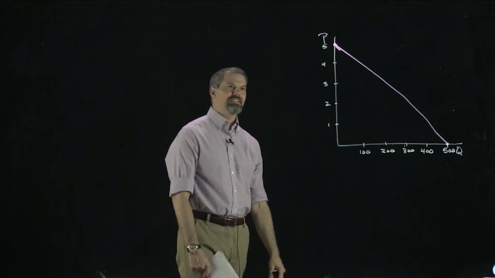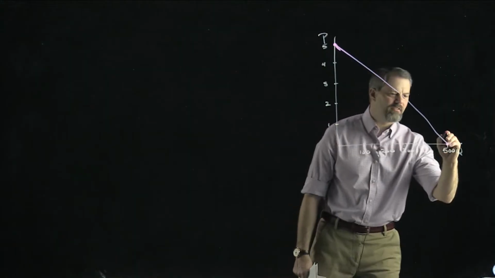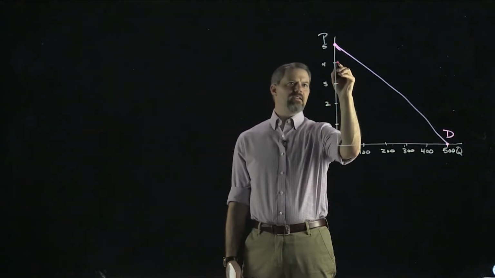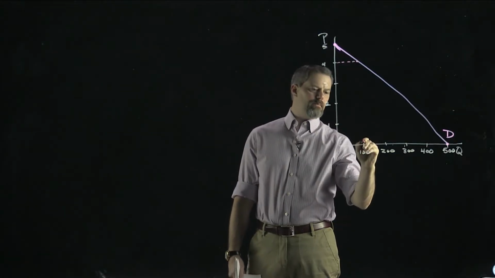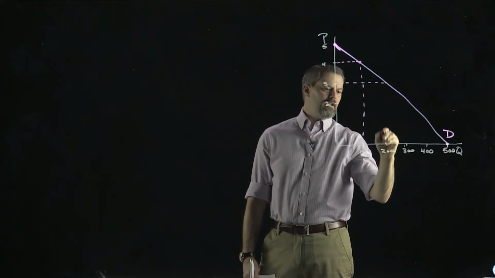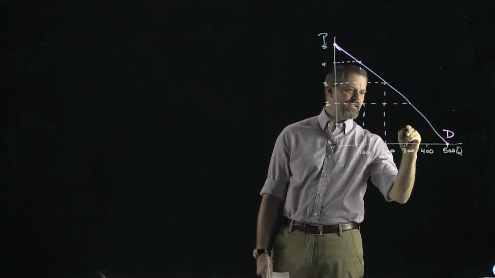It doesn't quite look linear, but close. Pretend that that's a linear demand curve. We're going to call that D. What we've done here is essentially be precise. If we had a piece of graph paper and had been very precise, then you'd see that these match up just like this.